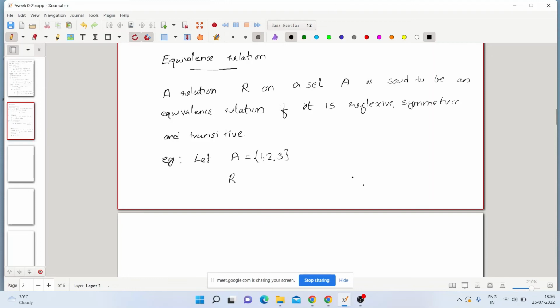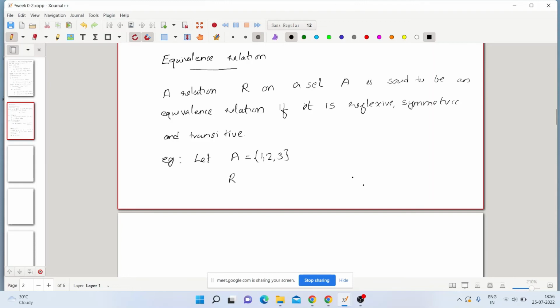Okay, now we have already talked about a function. What is a function? Now let us go to the function and two different kinds of function, say one-one function and onto function. Let A, B be sets.